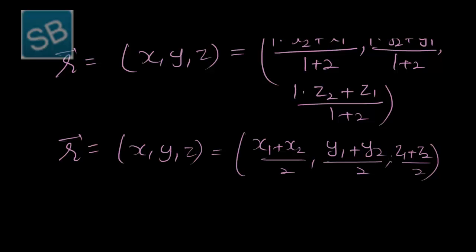That is, if a point divides any line segment in the ratio 1:1, or say it is a midpoint, then we get the coordinates of that midpoint by adding each component and then dividing by 2. So that gives the components of the midpoint of any line segment.